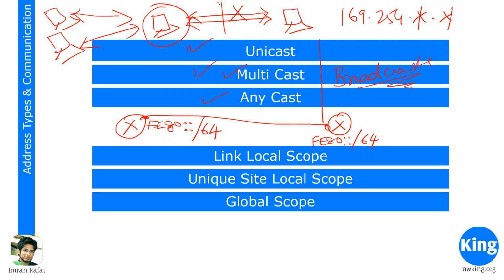Similarly, let's say this is a switch, and this is another device that also is looking for an IP address from DHCP, and it also is not getting one. It gives itself a random IP address. Let's assume it gives the same IP address 1.1, and it sends an ARP request on the network, a broadcast, asking, is there somebody with this IP address 169.254.1.1?